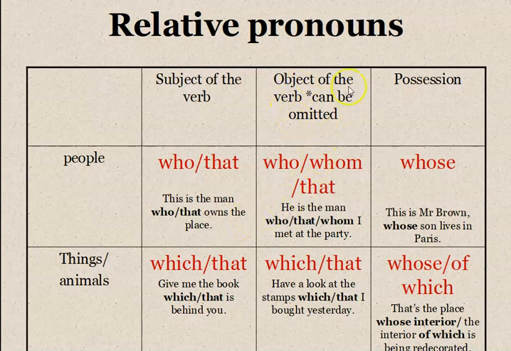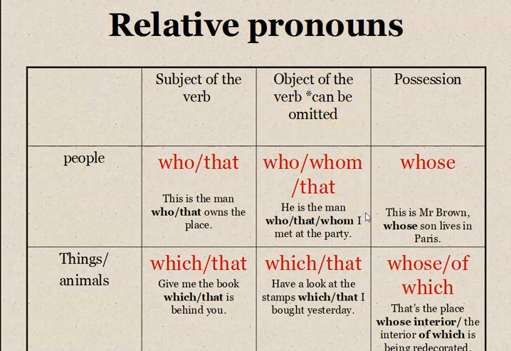Okay, if we're talking about the object of a verb, we use who or whom or that. Okay? He is the man who I met at the party. Or, he is the man that I met at the party. Or, he is the man whom I met at the party. And there's an asterisk here saying can be omitted.